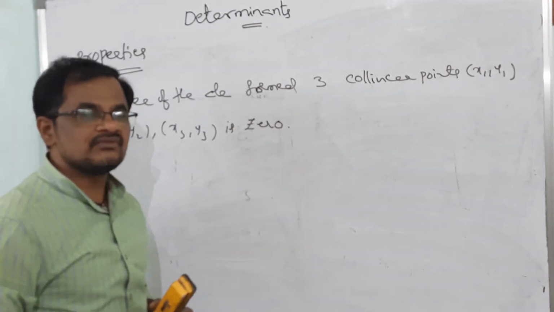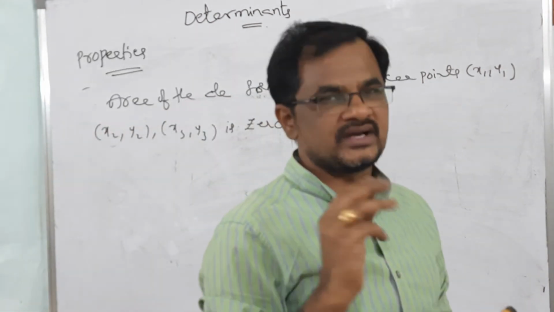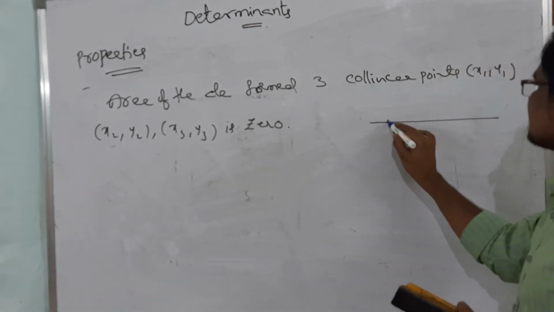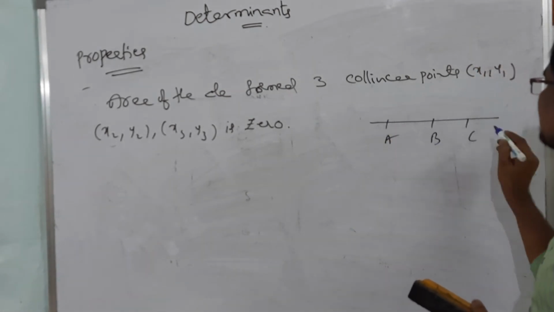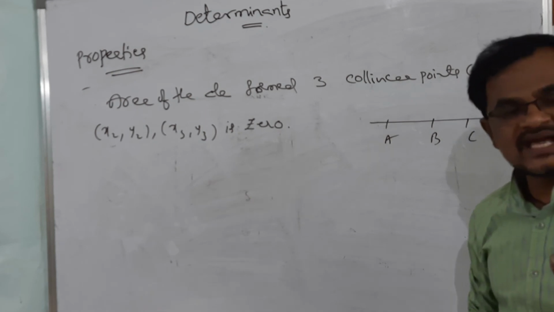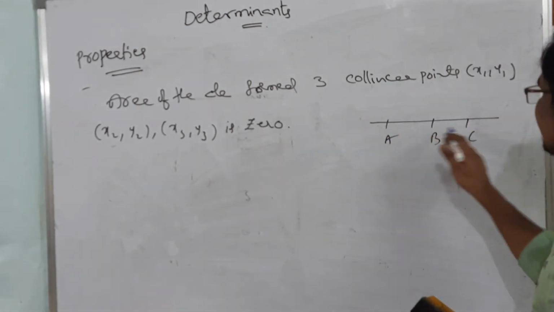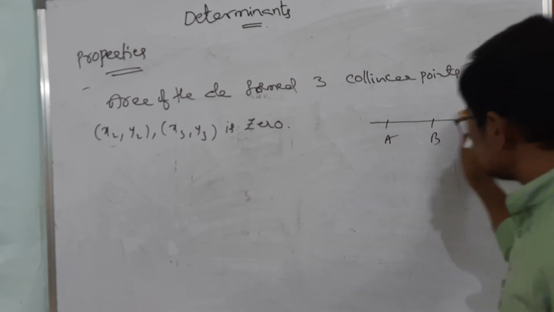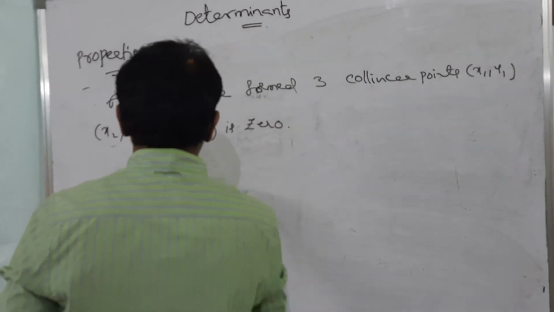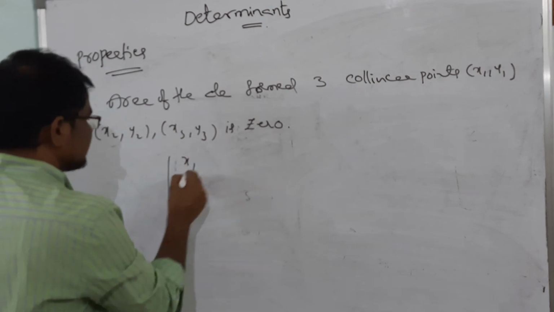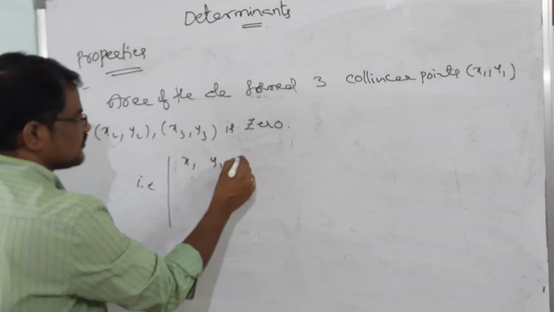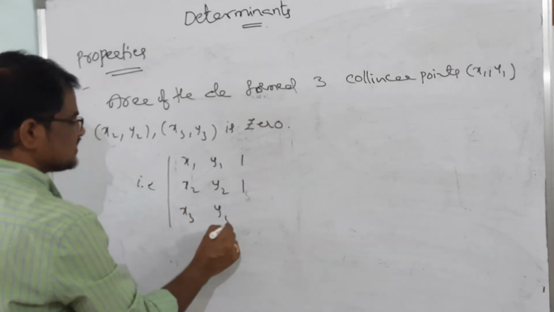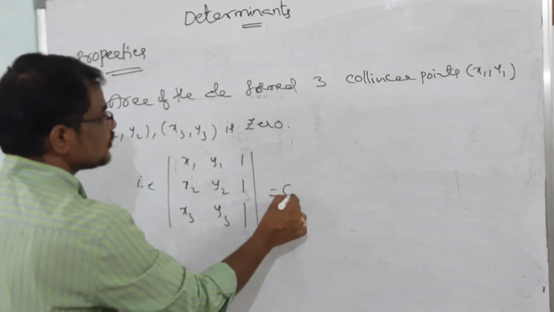Collinear points means the 3 points lie on the same line. If 3 points lie on the same line, you won't get any triangle. So the area of the triangle is 0. Then what is our condition? The determinant of x1 y1 1, x2 y2 1, x3 y3 1 equals 0.